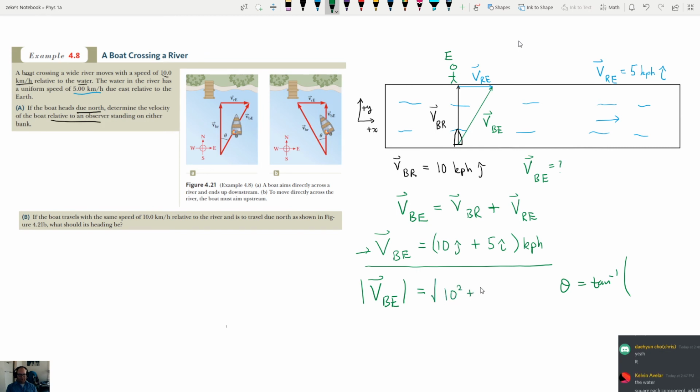So it's 10 squared plus 5 squared, which will be 125. We square root it, and the answer is going to be in kph. The square root of 125 is 5 root 5, which is 11.2. Everyone agree that it's 11.2?